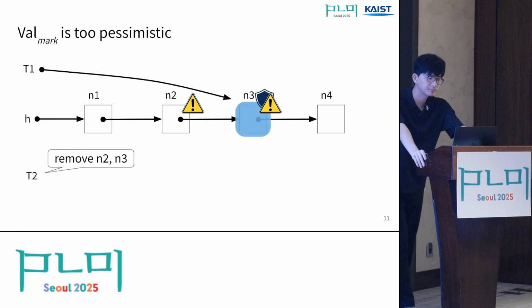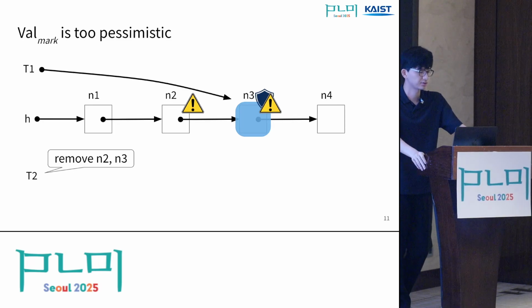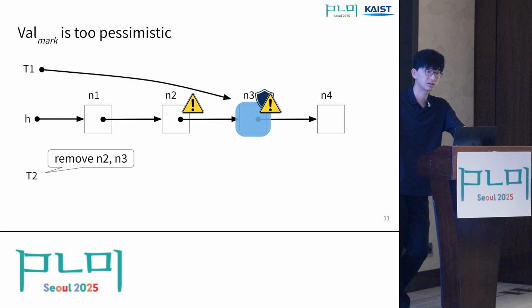Now we get to our problem, which is that a crucial downside of val-mark is that it is too pessimistic to be applicable to optimistic traversal. To see why, consider what happens when you apply hazard pointers with val-mark to the previous traversal, in particular when we are about to step from node 3 to node 4 on the current configuration.